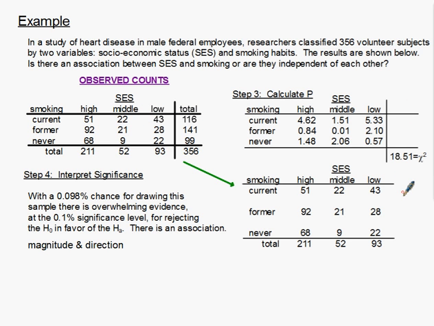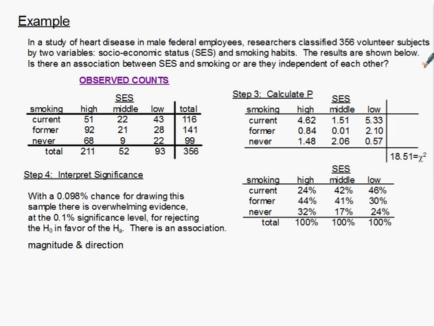So I'm starting off with my observed counts. What we want to do is make percentages. So we're going to divide, and we're going to make the conditional distributions by socioeconomic status. So we're going down, and we're going to go middle and low, and that gets us all of our percentages.